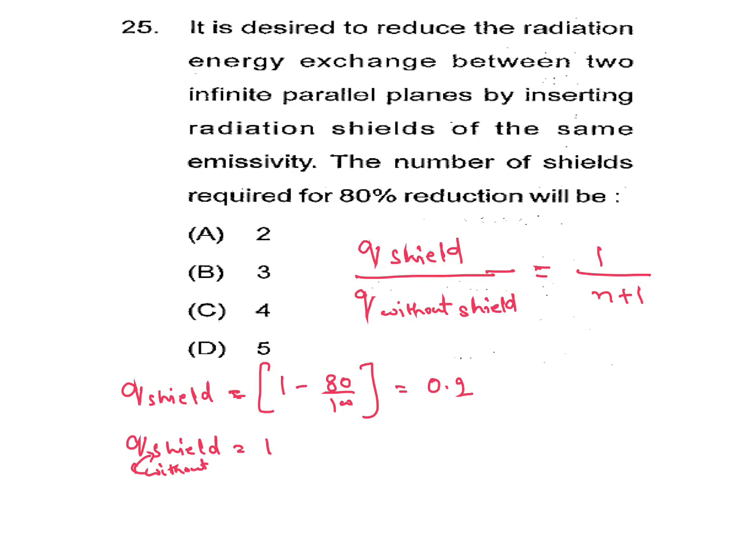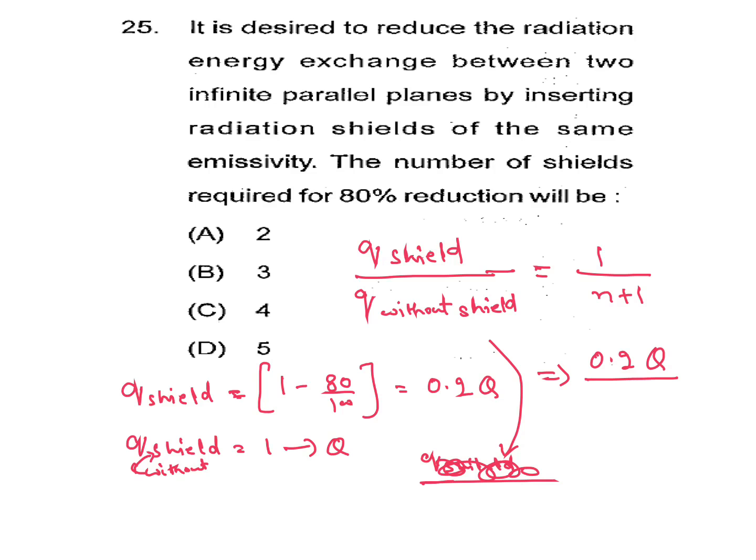Let Q be the exchange without shield; Q with shield is 0.2 Q. Divided by Q, it is 1 by (n plus 1).